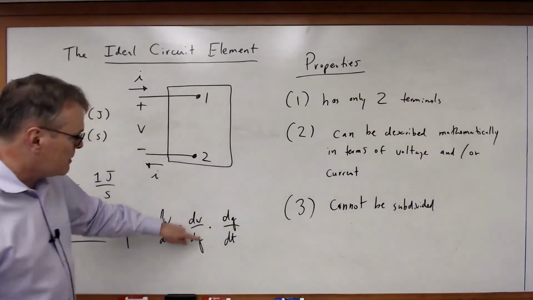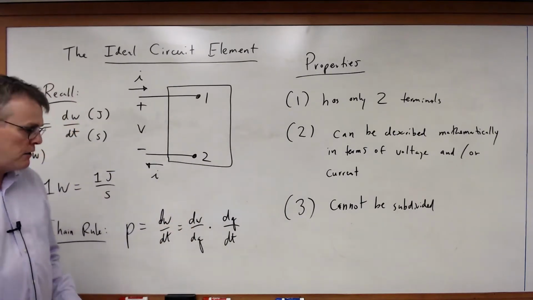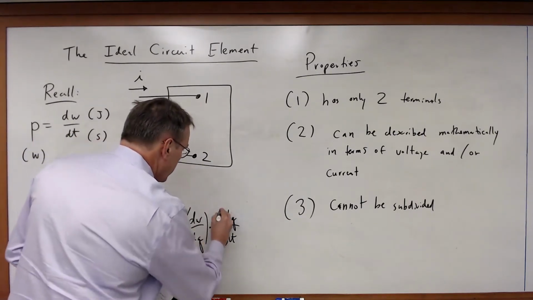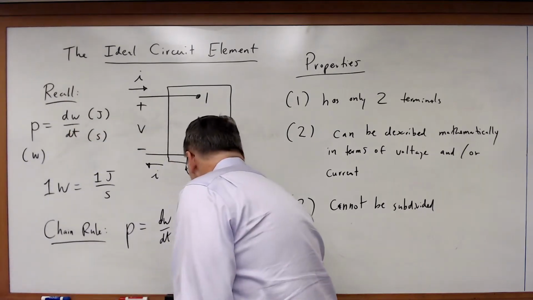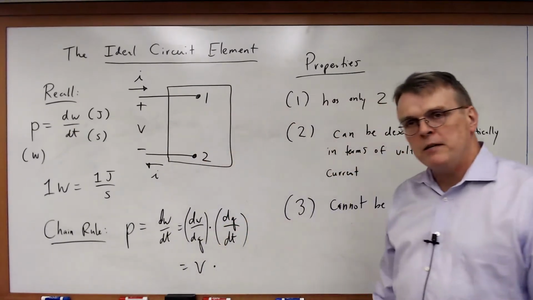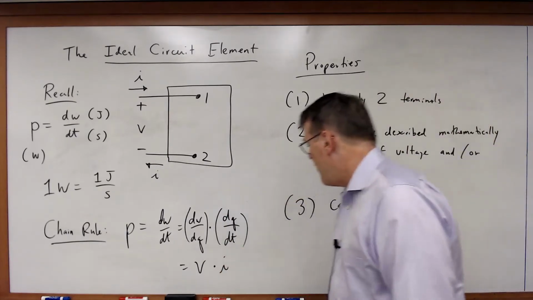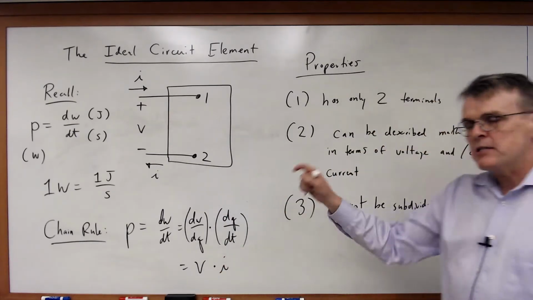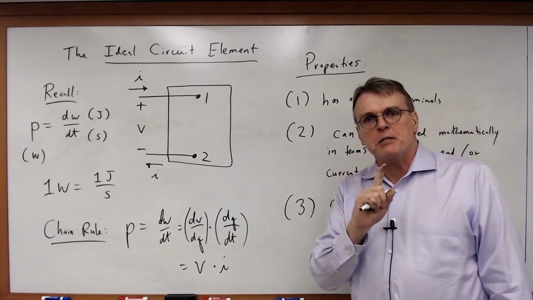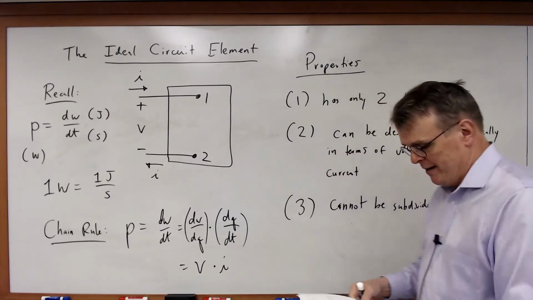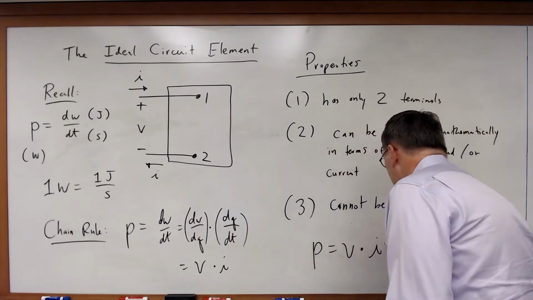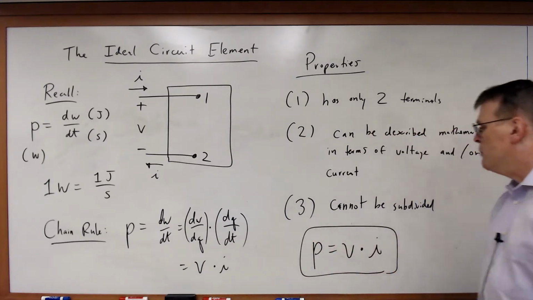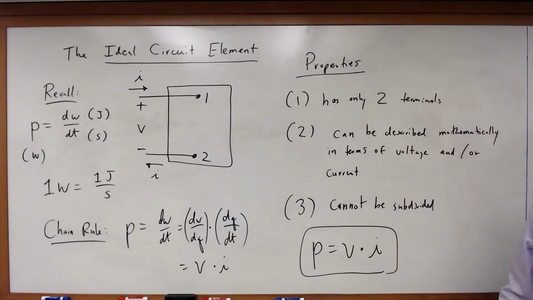In other words, I am multiplying top and bottom by dq and writing two derivatives. And what is dW/dq? We know what that is: that's equal to voltage. What is dq/dt? As we saw last time, that's equal to current. And so this gives us something else necessary to understanding how ideal circuit elements work: the power of an ideal circuit element must be equal to its voltage times its current.